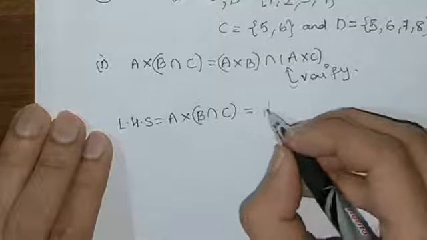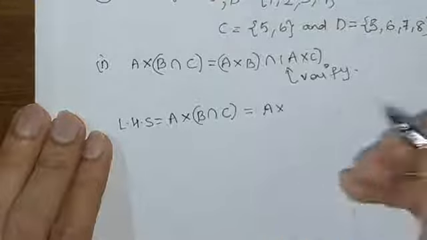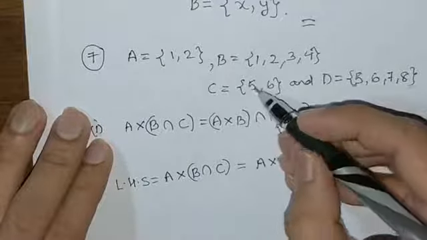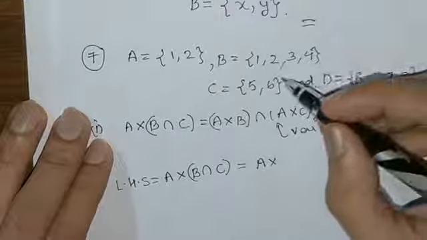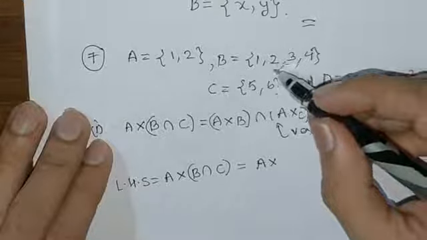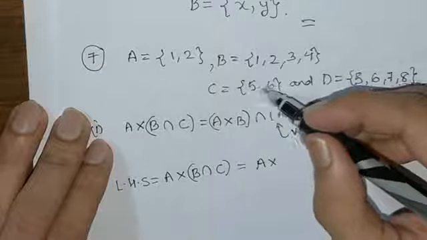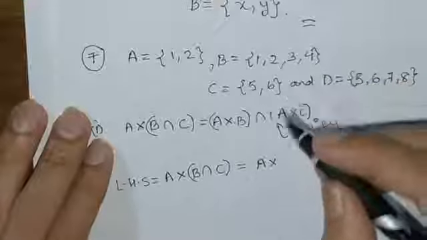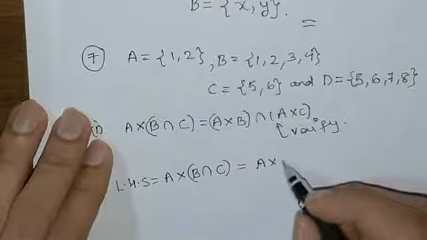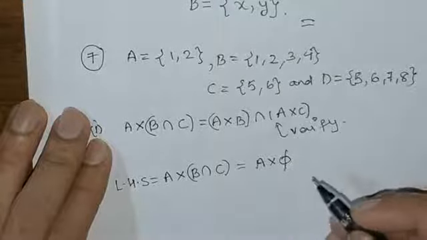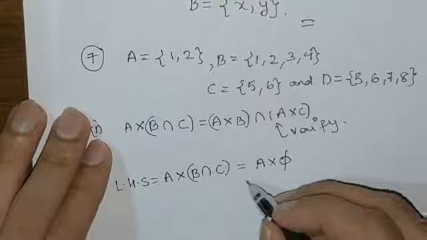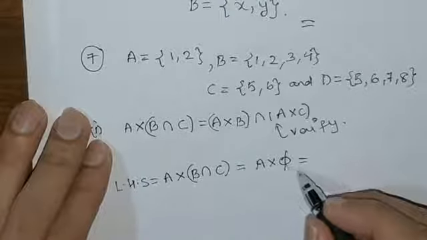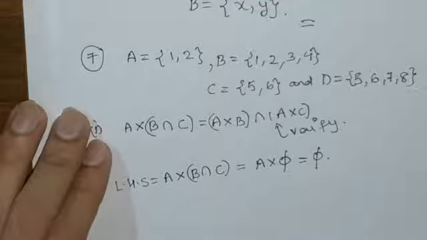B intersection C will be all the elements which are common to B and C. There are no elements common to B and C, so B intersection C will be empty set. Cross product of any element with empty set is empty set.